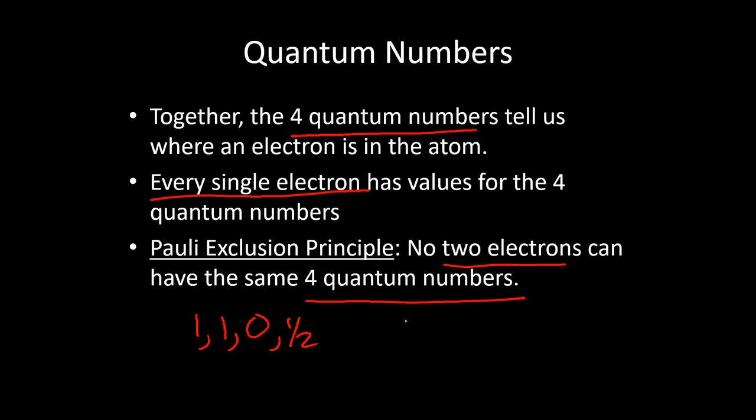You could have an electron that is 1, 1, 0, and minus 1/2. That's perfectly fine. Or you could have 2, 1, 0, positive 1/2. As long as one of the numbers is different, that's fine. You just can't have 2 electrons where all 4 of them are the same thing.